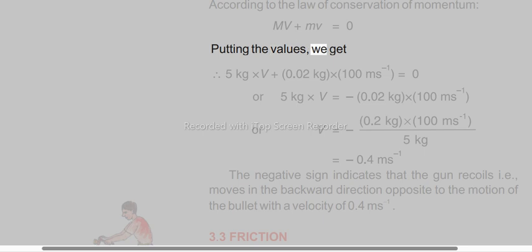Putting the values, we get the result. The negative sign indicates that the gun recoils, i.e., moves in the backward direction opposite to the motion of the bullet, with a velocity of 0.4 meters per second.